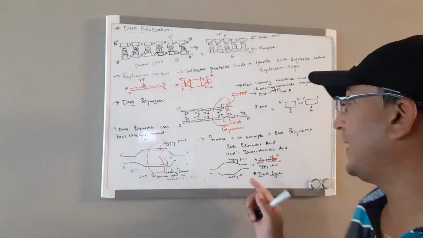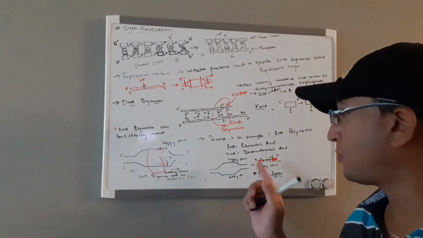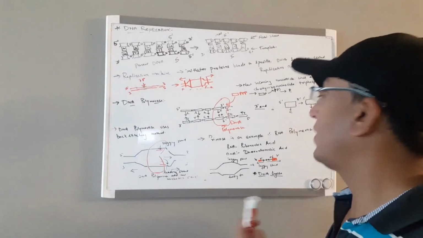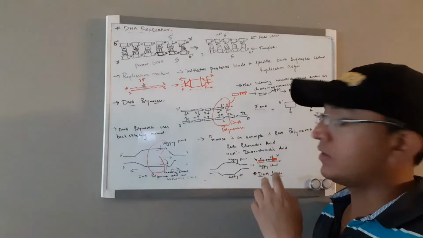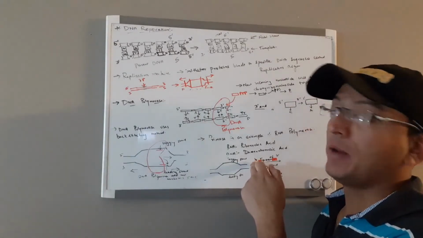So why might an erasable RNA primer be preferred to a DNA primer, which would not need to be erased? Why is an RNA primer used instead of a DNA primer on the lagging strand?